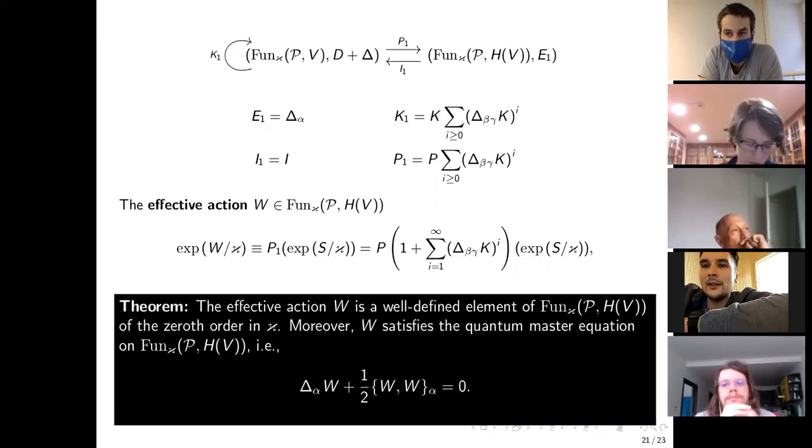And for all the operations, even the bracket, the powers of kappa in front of the coefficient correspond precisely to the geometric operations which you would be doing on the side of this topological category.